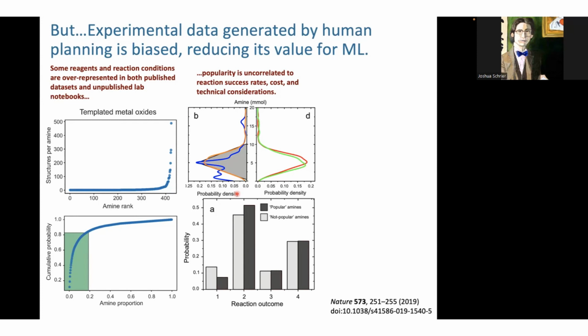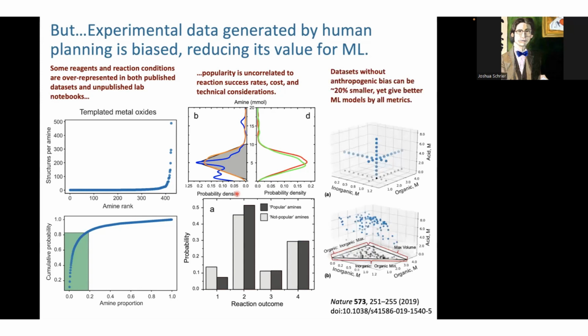The other thing that was actually a little sad was that we said, all right, well, suppose that you have this record of human-generated experiment plans and their outcomes, and you use that to train a machine learning model. What if you just had a collection of randomly generated experiment plans? You perform them in the laboratory and find out how they work, and then use that to train a different machine learning model. Which model would perform better? And what we found was that actually the data sets that were just randomly generated experiment plans could actually be much smaller, right?